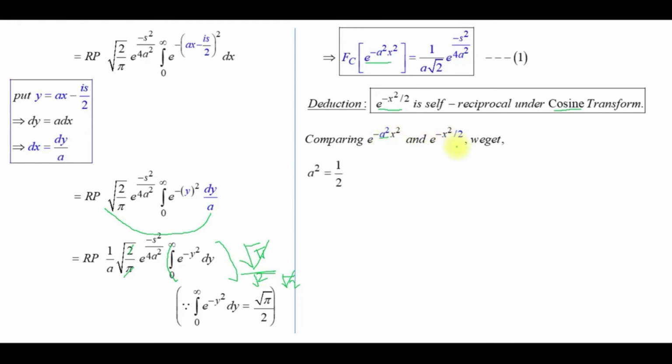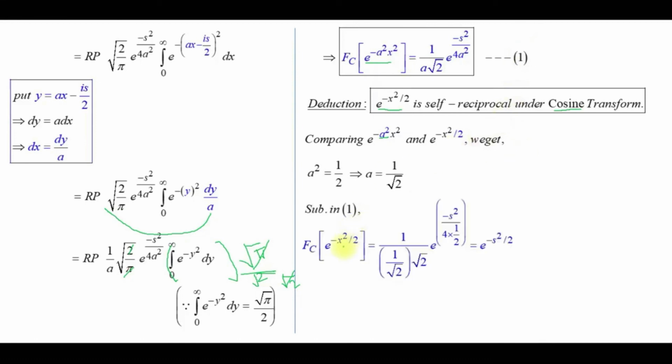Therefore, substitute a square equal to 1 by 2. This implies a equal to 1 by square root 2. Substituting in equation 1, we have the Fourier cosine transform of e power minus x square by 2 equal to 1 by, what is a? 1 by root 2, into root 2 e power minus s square by 4. What is a square? 1 by 2.